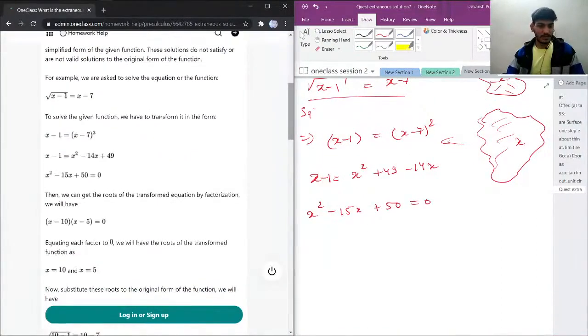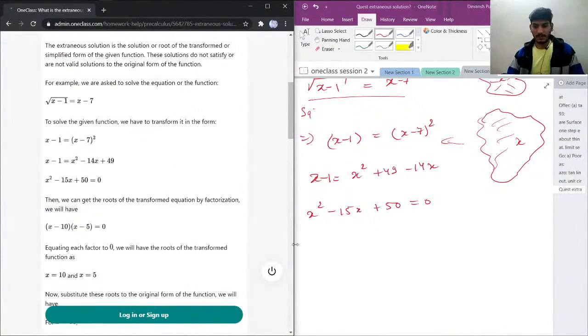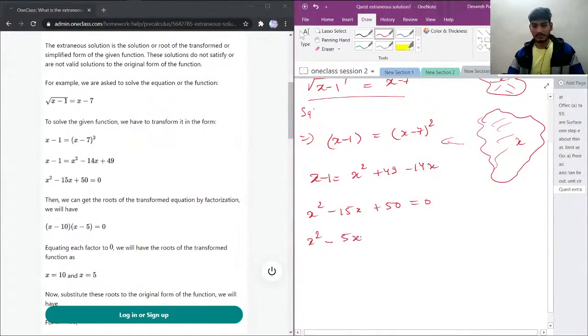Just for simplicity, I'll split the middle term as minus 5x minus 10x plus 50 equal to 0.